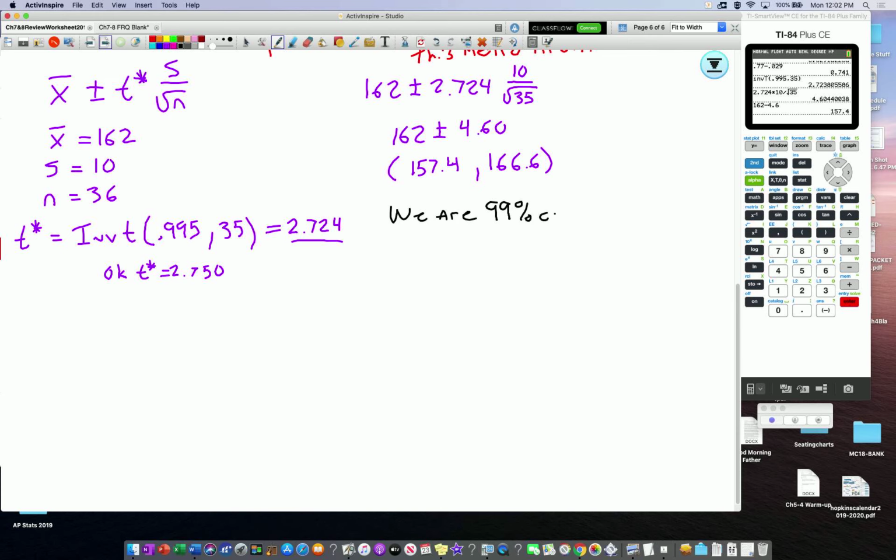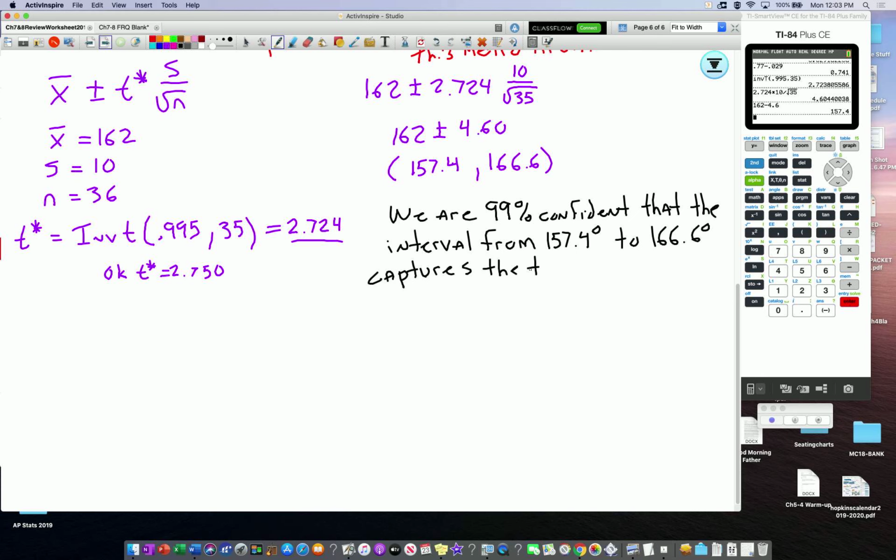We are 99% confident that the interval from 157.4 degrees to 166.6 degrees captures the true mean temperature of coffee sold in coffee shops around the metro.